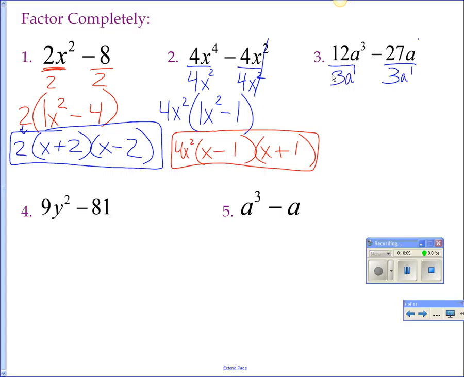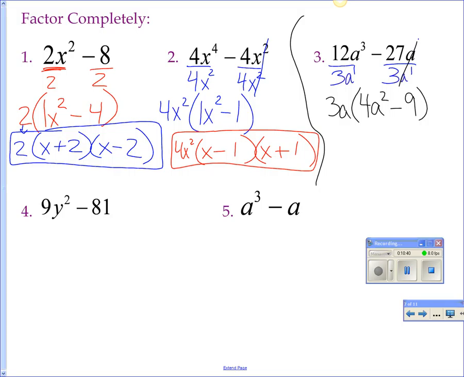All right, what do you get when you divide, Ethan G? A to the second minus 9. And your A's cancel. Put it in parentheses. What goes out front, Ethan? 3A. Okay.